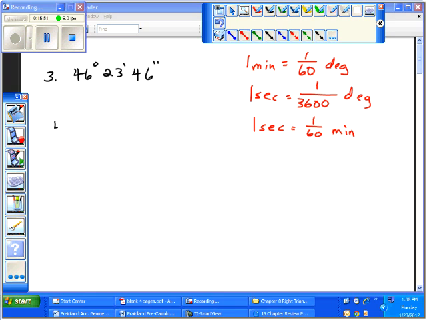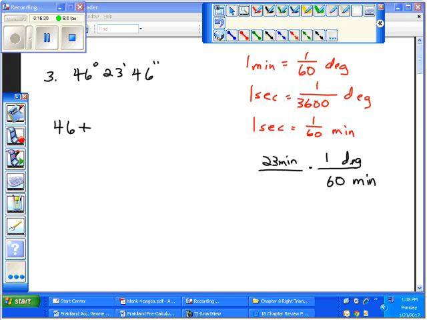So what we need to do is change the 46 to degrees, but it's already in degrees, so we're fine there, right? We need to add to that the minutes and seconds converted to degrees. Now, I'm going to come over here to the side. If we had 23 minutes, and we were going to use dimensional analysis to change it to degrees, we would say, I want to lose the name minutes and gain the name degrees.